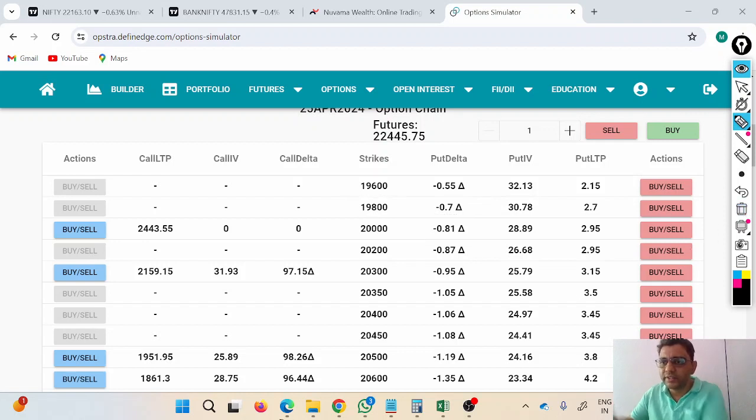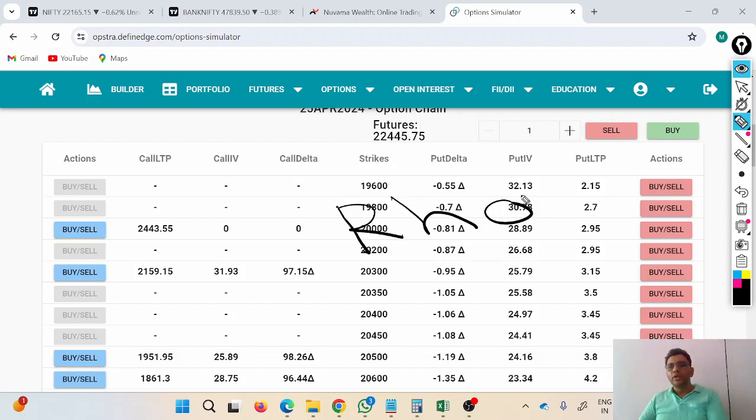Write it down like this: RHO, rho. So rho is nothing but it tells you how the option premium will change based upon the bank interest rate or FD rate.